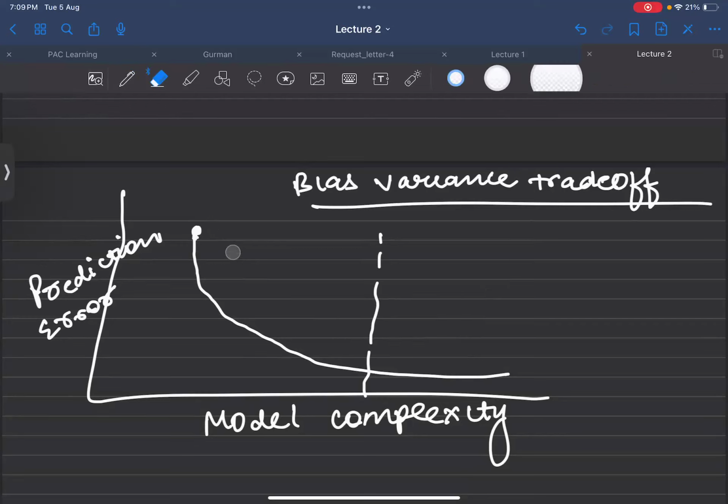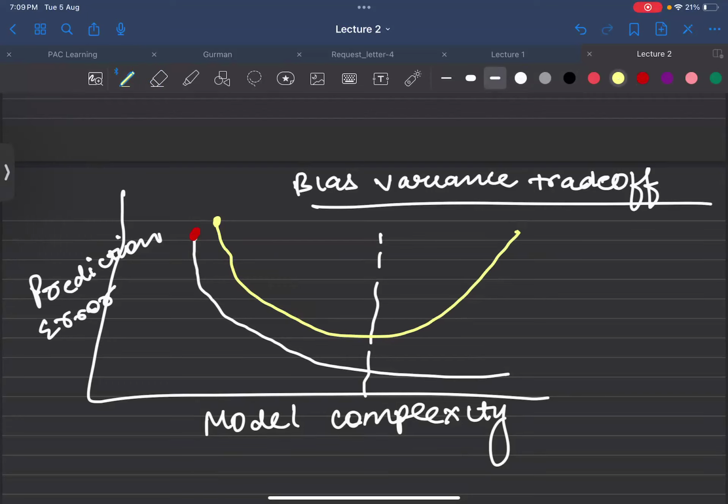But wait a second, I should change the color. I'll have the white one only here. So what I'm saying is this is my training data, and this is my testing data.